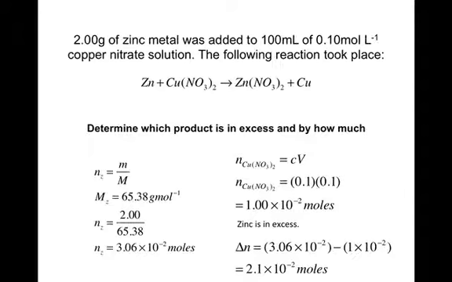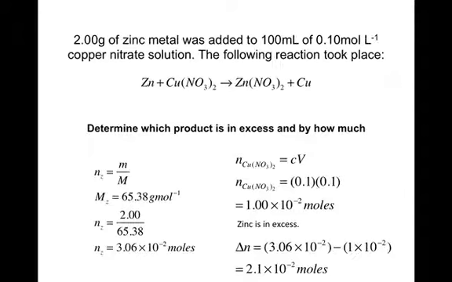So just by looking at those two, we can see that zinc is in excess, and as a result we can work out the difference in the number of moles between the two, and we can work out essentially by how much zinc is in excess. So we take the 3.06 times 10 to the negative 2, which is the number of moles of zinc that we actually have, and we subtract the number of moles we have for the copper nitrate solution, which is 1.0 times 10 to the negative 2.